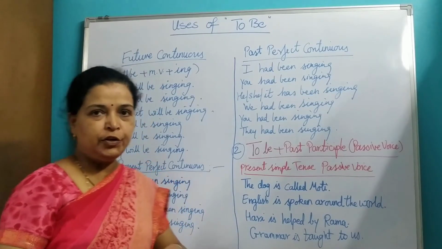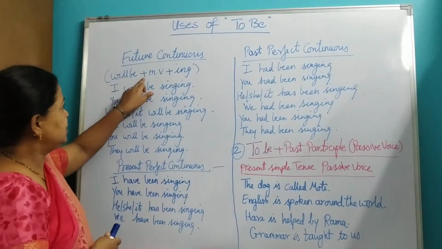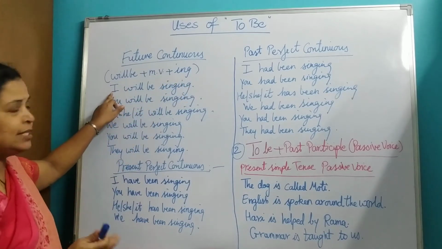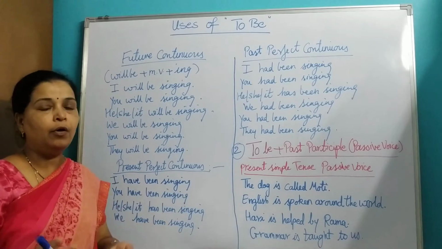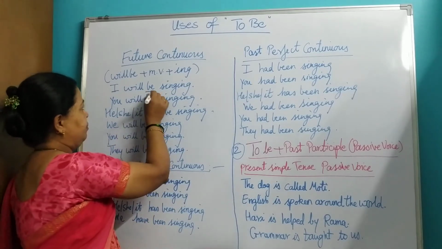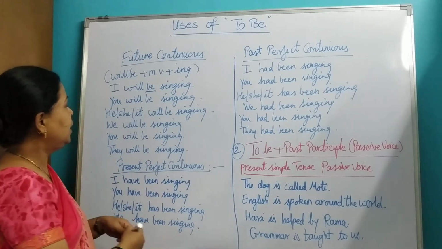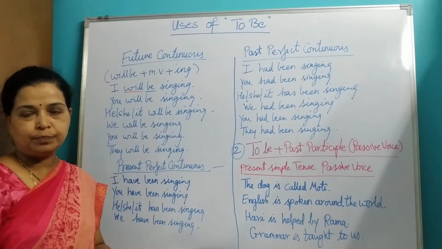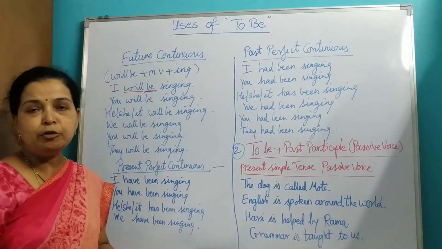In the future continuous we have will be or shall be plus main verb plus ing. For example, I will be singing or I shall be singing, where be is the form of to be. So here, along with the helping verb will, we have used be to form the future tense.